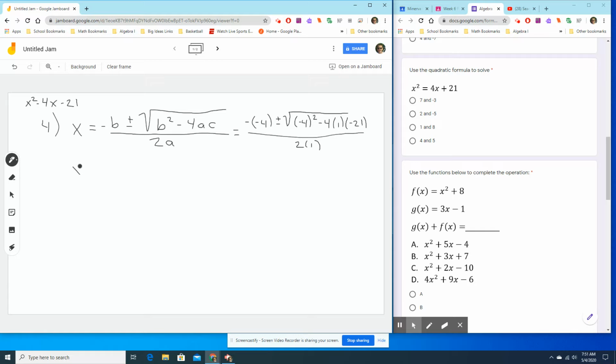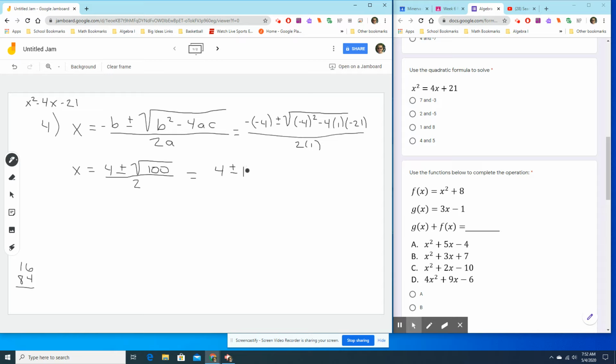All right. So 4 plus or minus, take my time here, so that's 16 and positive 84. It's early in the morning, my brain's not working very well. Oh yeah, it's going to be 100, isn't it? Okay, so then we get the square root of 100, which is going to be plus or minus 10, and 2.